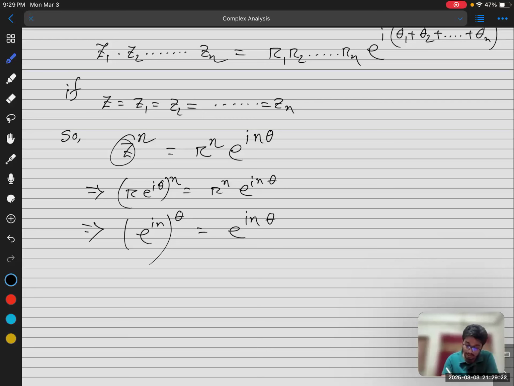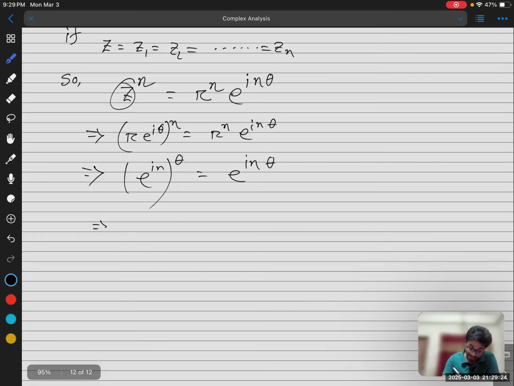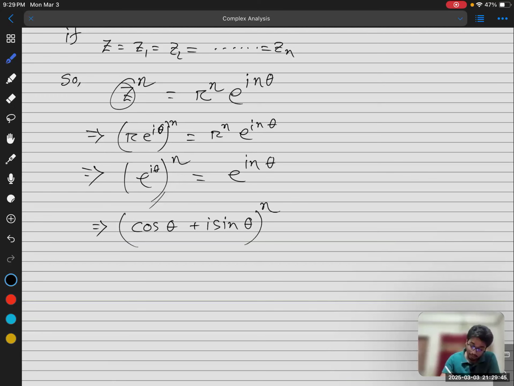Sorry, there is a mistake here. This should be e to the power i theta, to the power n. Now, cos theta plus i sin theta, to the power n, is equal to cos n theta plus i sin n theta.